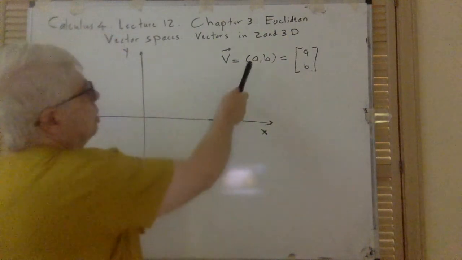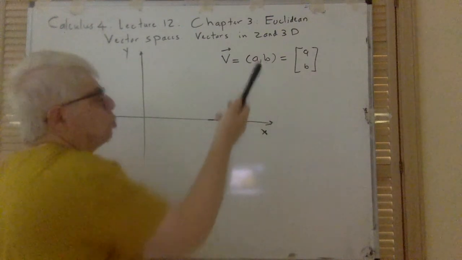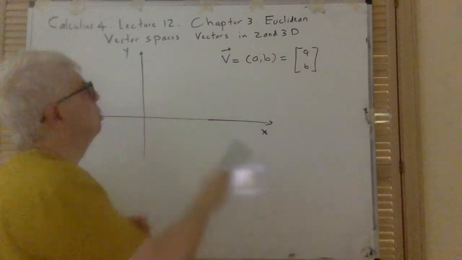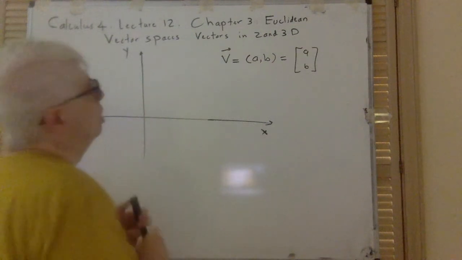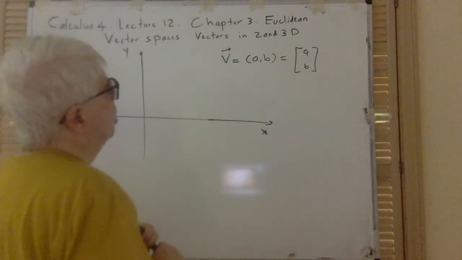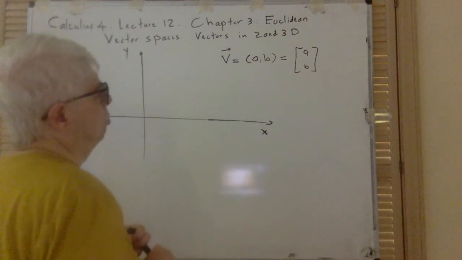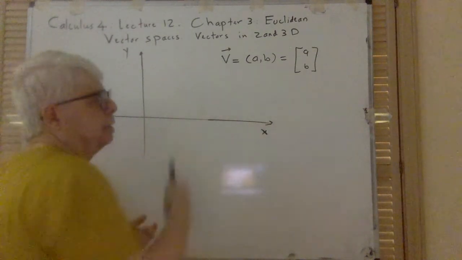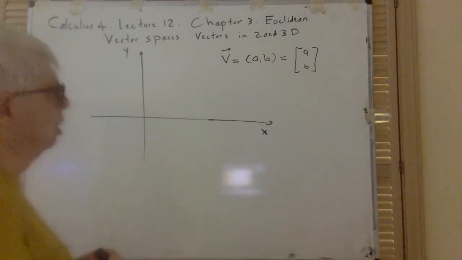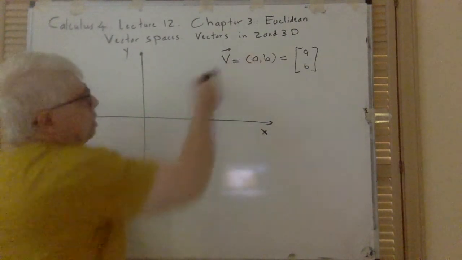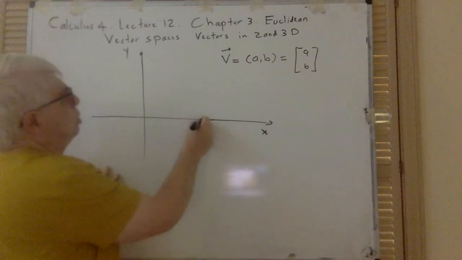And we call this thing the X component, the Y component, or the X1 component, X2 component, depending on what we name these two axes. This notation is also used for points. So this AB, in fact, is a point in the plane.